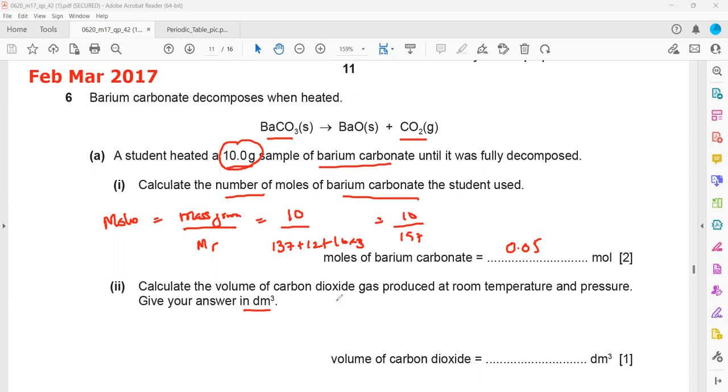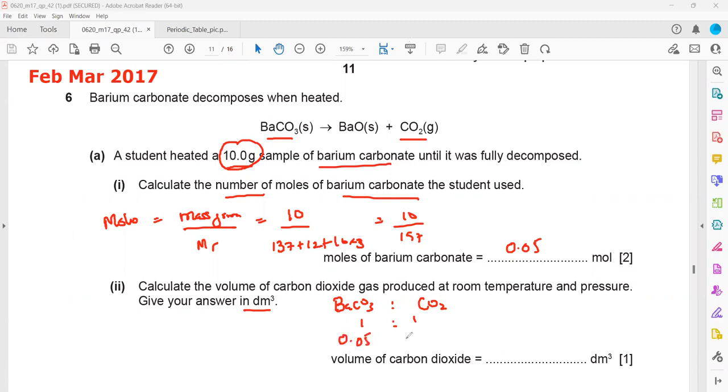So we use the ratio between barium carbonate and carbon dioxide. According to the equation, the ratio is 1:1.